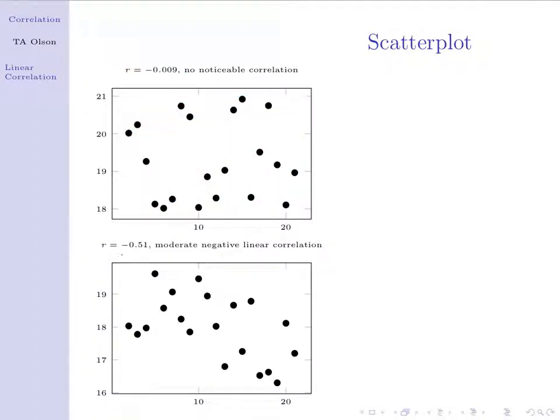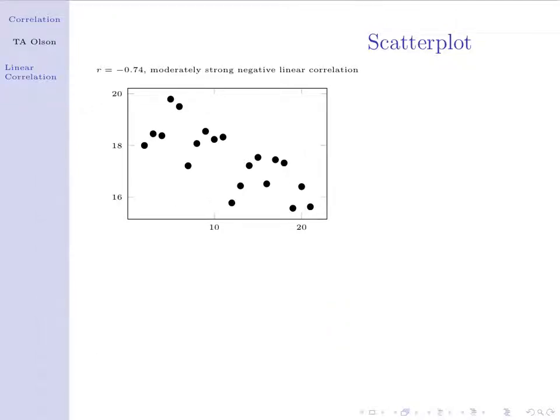If we have an R of negative 0.51, the negative means that we have a negative slope, right? A negative 0.51 is a moderate negative linear correlation. It looks like as one of them increases, the other one's decreasing, but there's certainly some scatter to the data. R of negative 0.74, we have a little more of an impact.